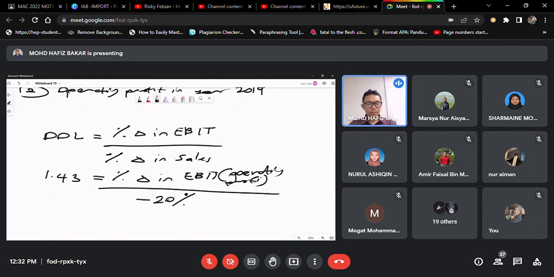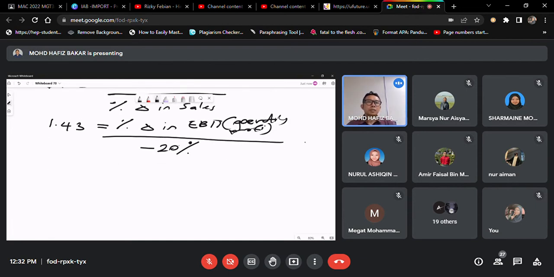Baca balik. If sale revenue is expected to reduce by 20% in 2018. So dia reduce 20%. Okay. So the percentage changes is 20% negative. Okay, so how to find this one? So kita solve dulu lah. Okay, percentage changes in EBIT, 1.43 times, saya nak tunjukkan negatif ni sekejap, darabkan dengan negatif 20%.